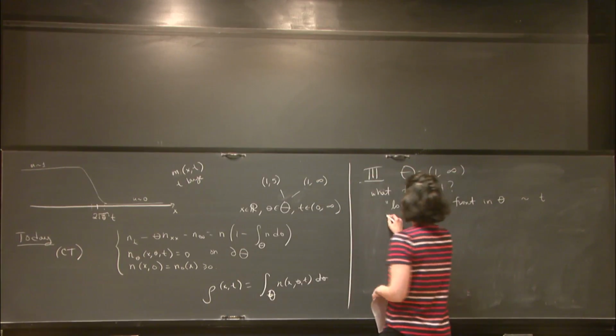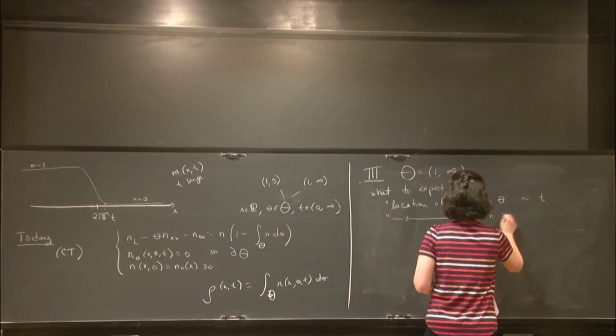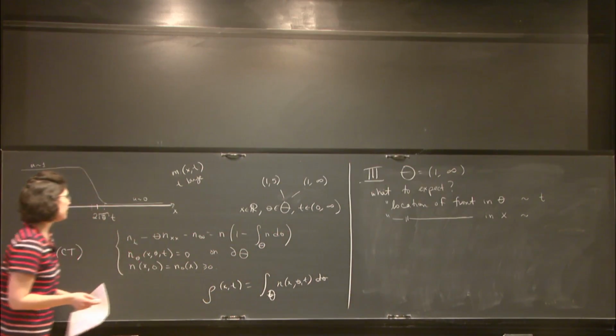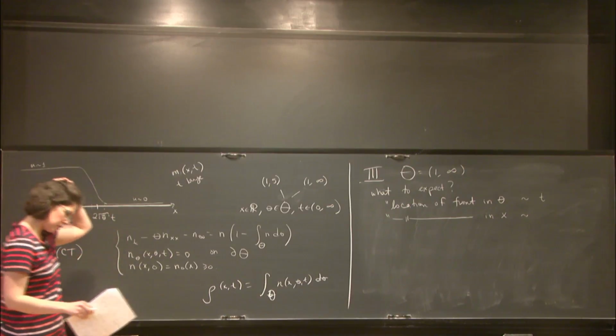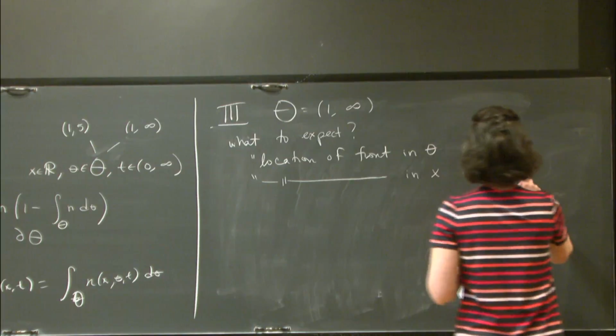On the other hand, the location of the front in x should be like the square root of the diffusion coefficient times t, so radical theta times t.